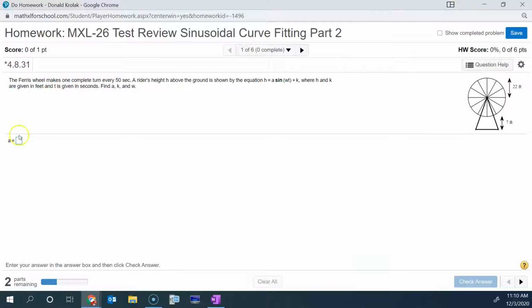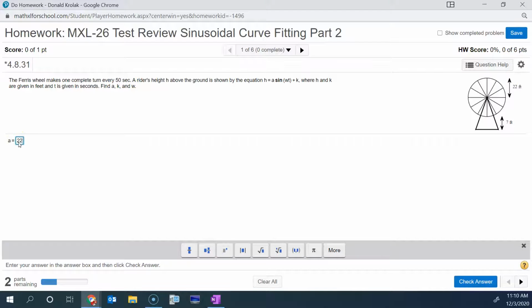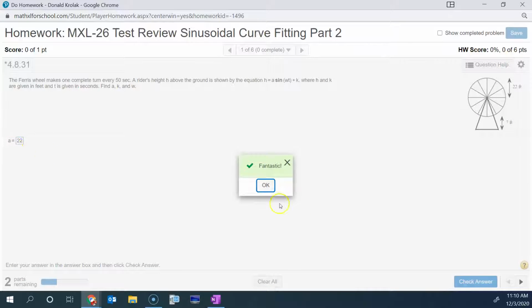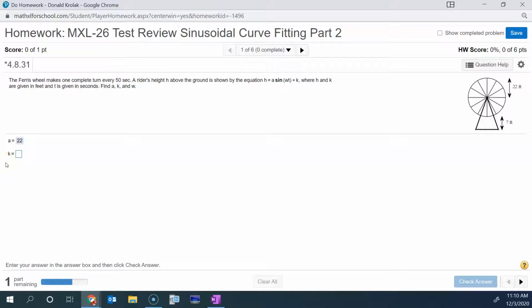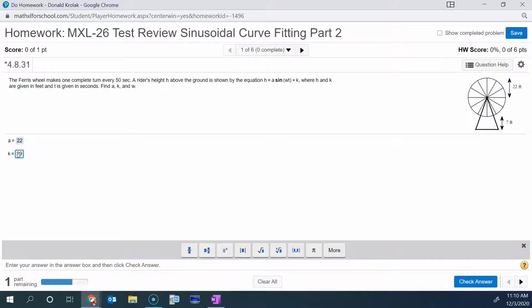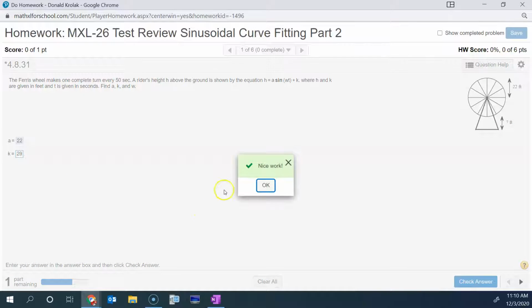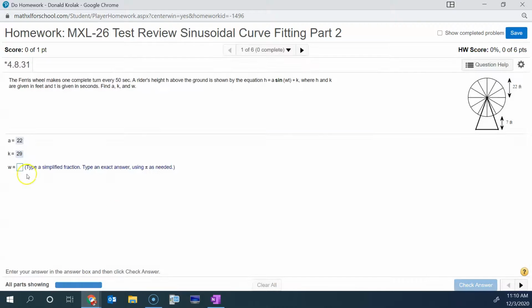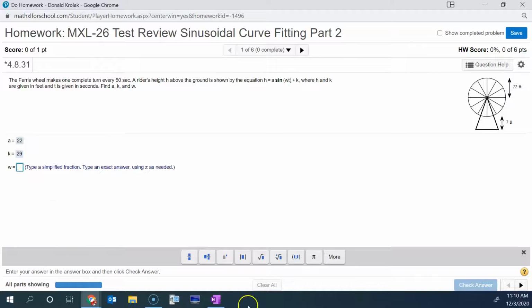All right, so mine was A is 22. K was 29. And W was pi over 25.